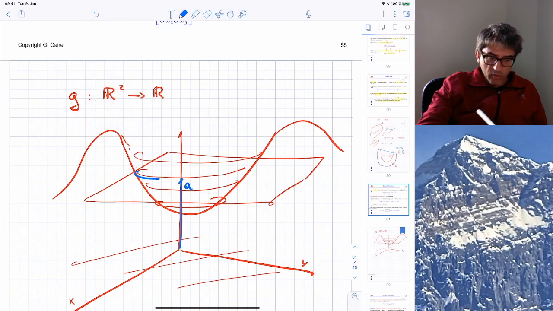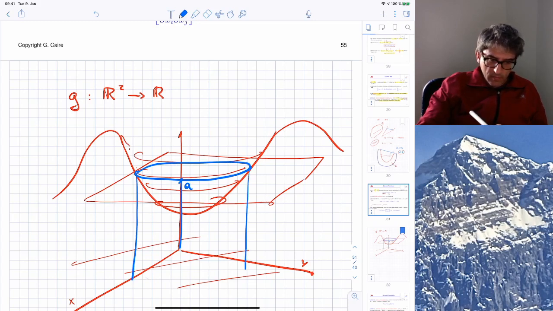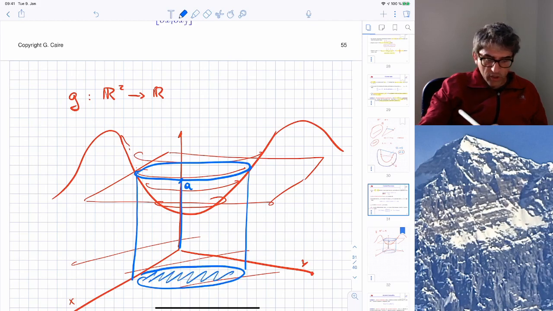This is going to cut a level set here. Those are all the x's for which g of x, this surface is g of x, is less than a. And then I take the points of coordinates x and a, and I get basically this thing.